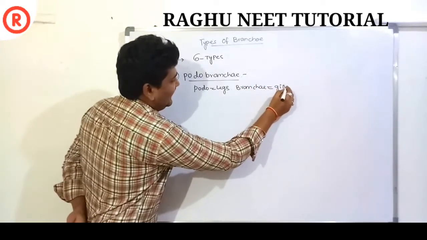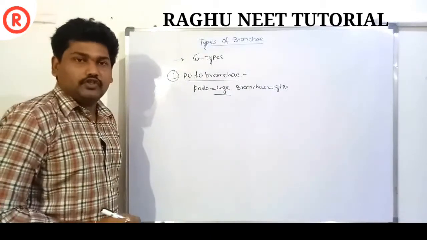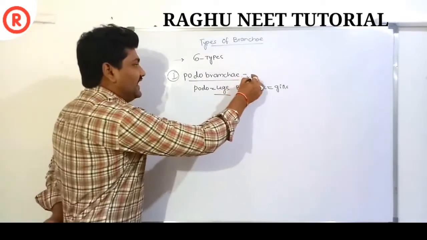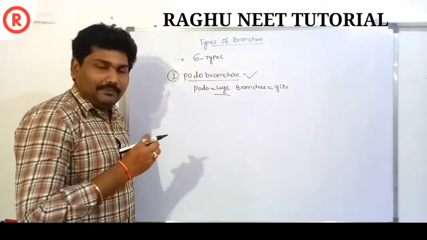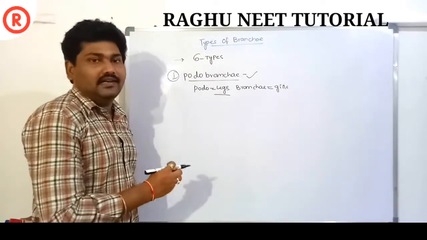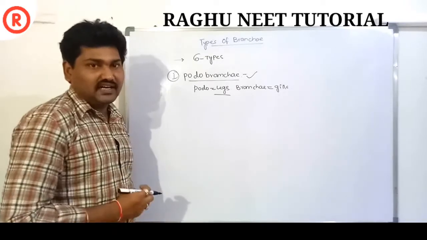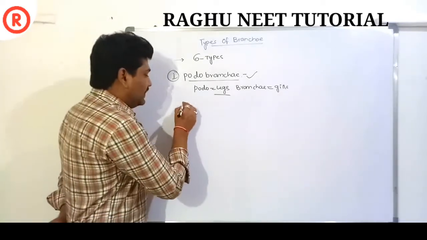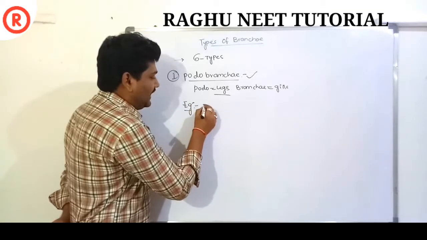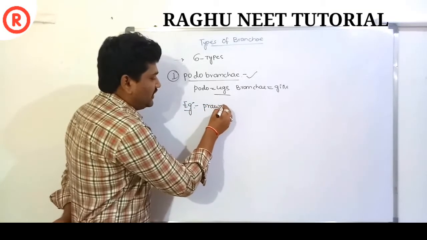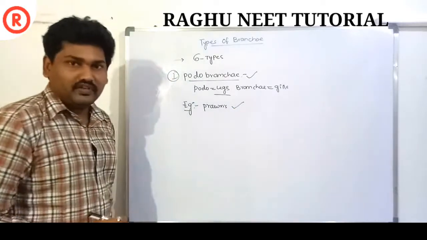These gills are located in the legs region, so this type of branchiae is called podobranchiae. Example: prawns, aquatic animals, show podobranchiae.